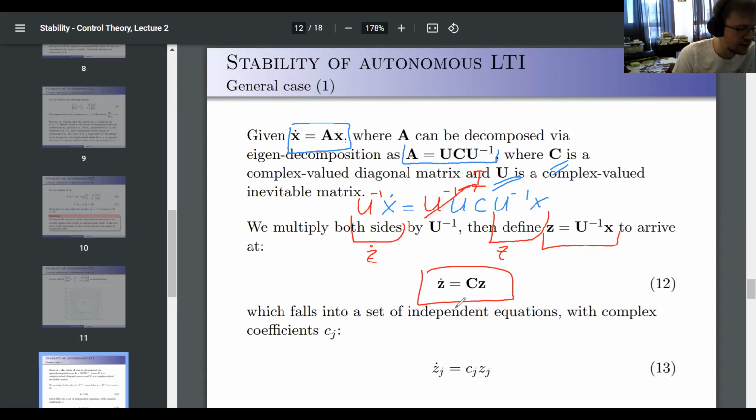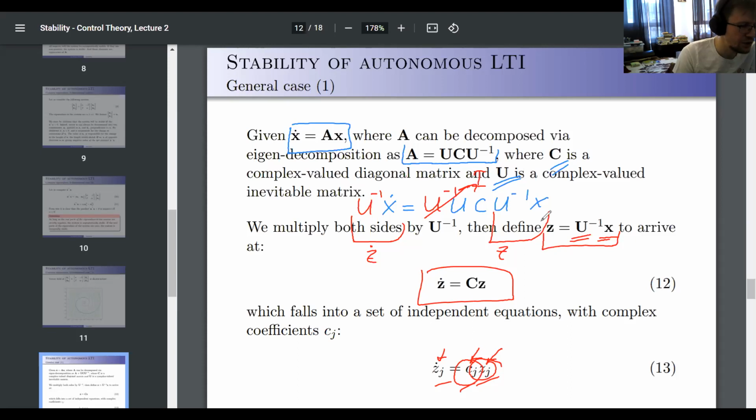And this is a diagonal system. However, all of those are complex. This is a complex number, this is a complex number. This is a complex eigenvalue, it can be real, but in the general case complex. Why? Because by definition we multiply a real x by a complex matrix u to the power -1.